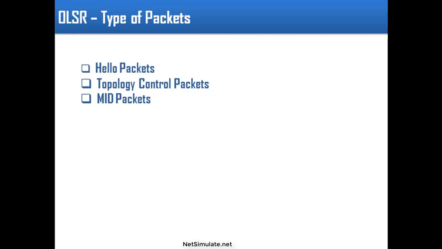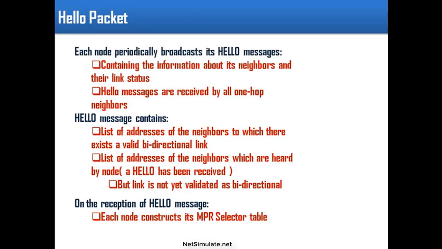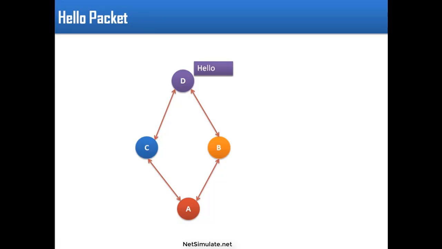If a node is having multiple interfaces, those interface information is sent by MID packets. So first we will see directional link. And whenever a node receives a hello message, each node constructs its MPR selector table. We will see how every node selects their MPR.